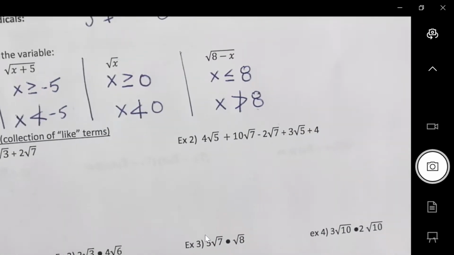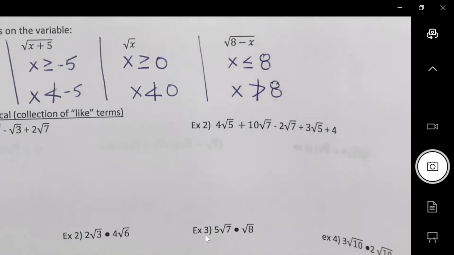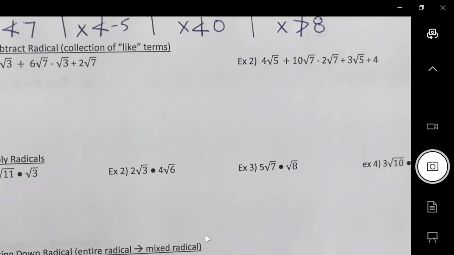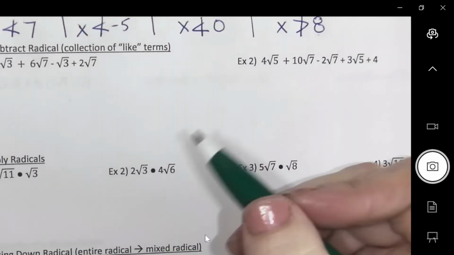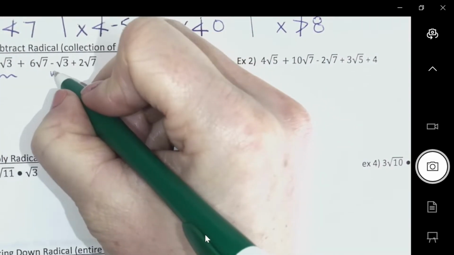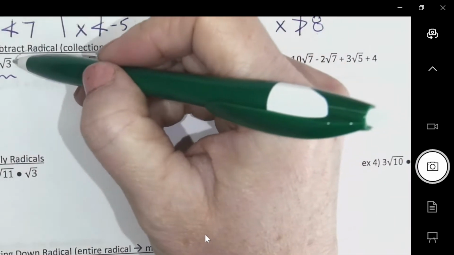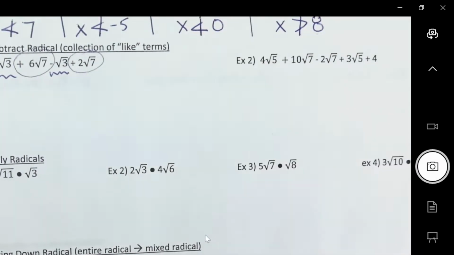Okay, adding and subtracting radicals. Okay, when you're adding and subtracting radicals, it's like terms going together. Just like combining x's with other x's, y's can go with other y's. So in this, I have root 3's can be put together with other root 3's. Root 7's can be put together with other root 7's.